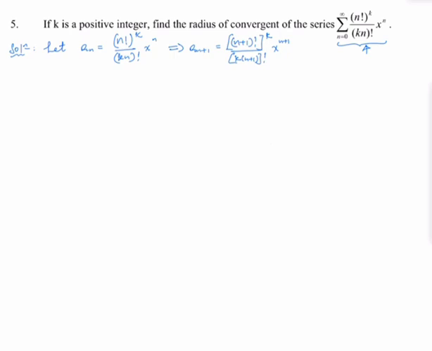So ratio test እንጠቀማለን እዚህ ጋር። So using ratio test, the limit of the n plus 1's term over the n's term as n approaches infinity ምን ይሆናል ማለት ነው?